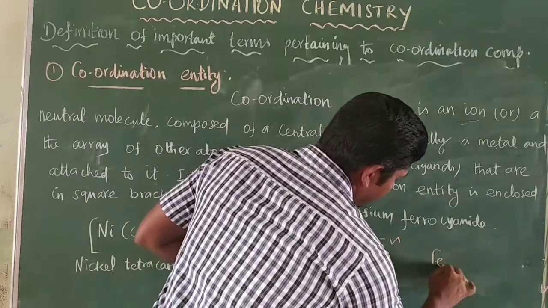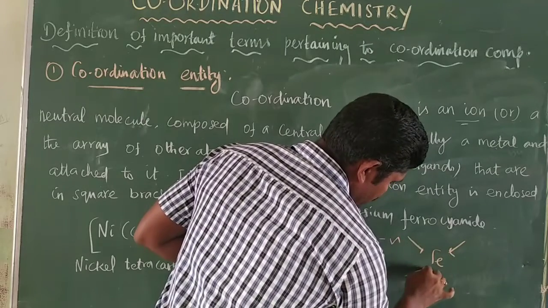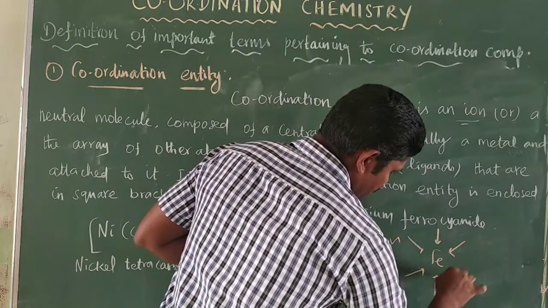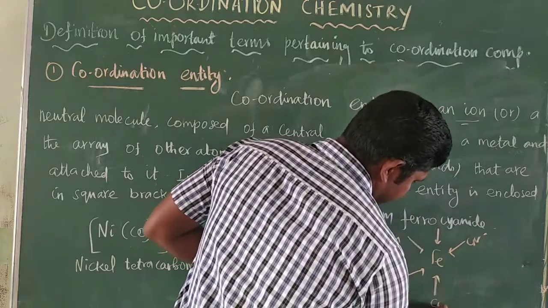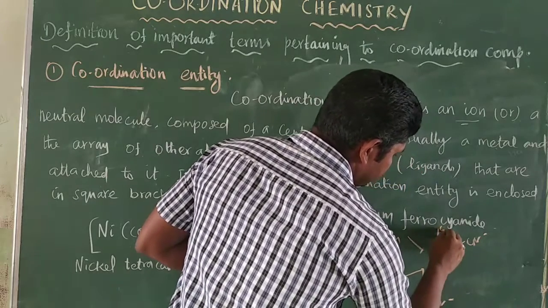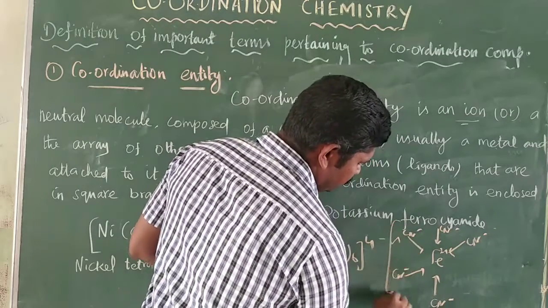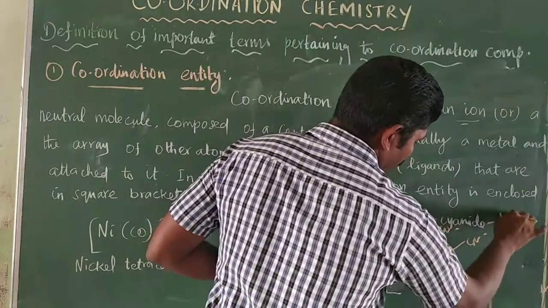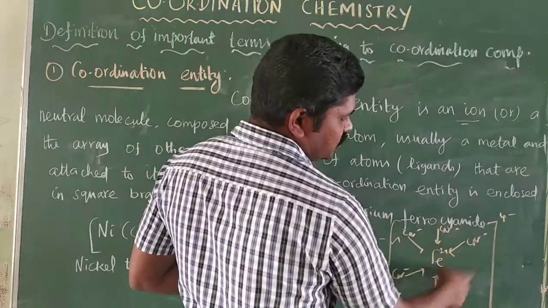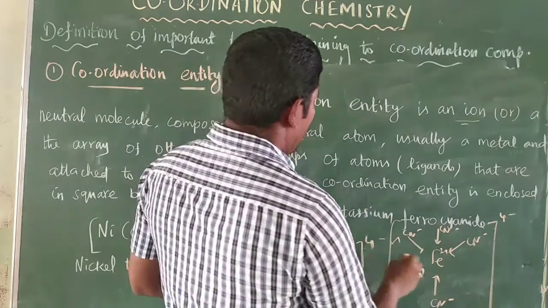So Fe, with CN minus, Fe2 plus, and CN minus, right? So 4 minus, 2 plus, 6 minus, 4 minus, right?